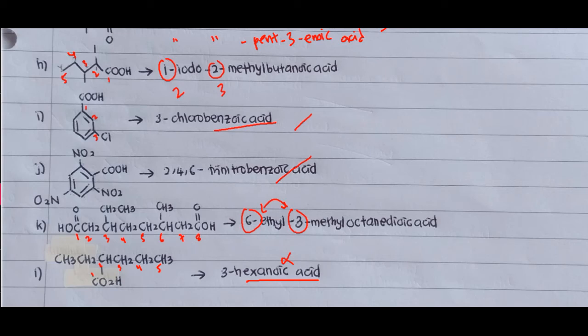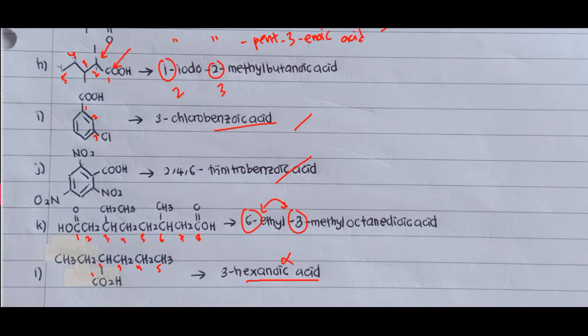Okay, for H, numbering, okay, make sure to start the numbering from the carboxyl group. Carboxyl group is referring to the COOH. Okay, instead of numbering 1 here, near the iodine, it should start at this COOH. So this is number 1, number 2, number 3, number 4, and number 5. Please refer to the right numbering.